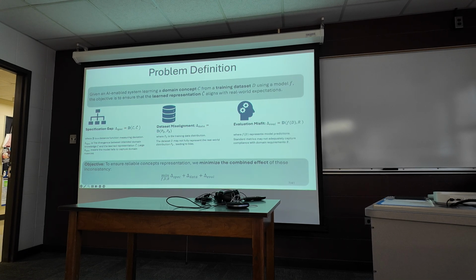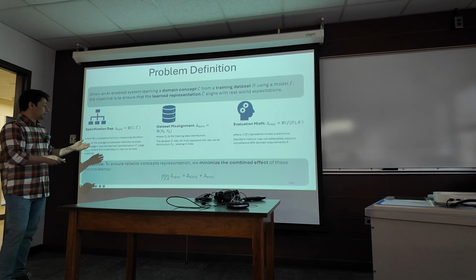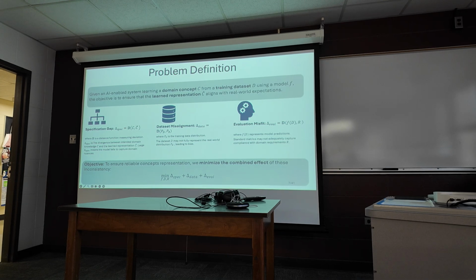Here we try to address the specification gap, where D is a distance function measuring the deviation. Delta specification is the divergence between the intended domain knowledge of C and the learned representation C-hat. A large delta specification means the model failed to capture domain nuances.